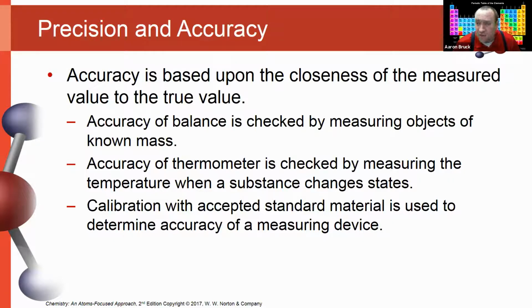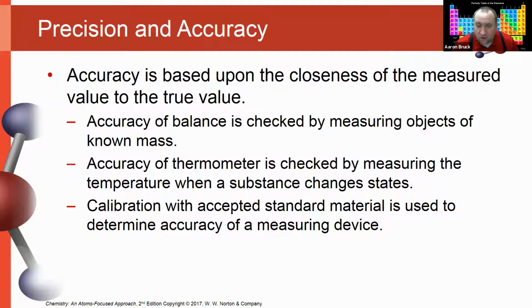Of the two types of error, it is far better to be precise but not accurate than accurate but not precise. If you have good precision but bad accuracy, you can usually account for that. That's called a systematic error.